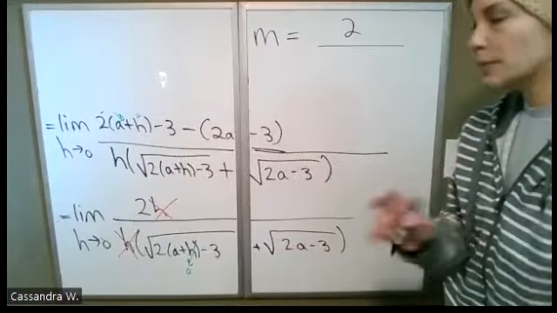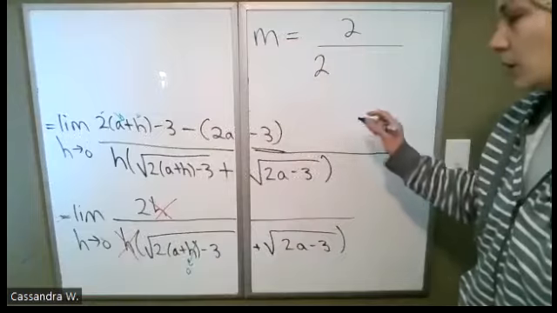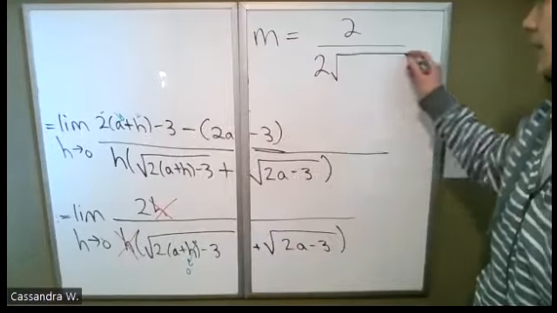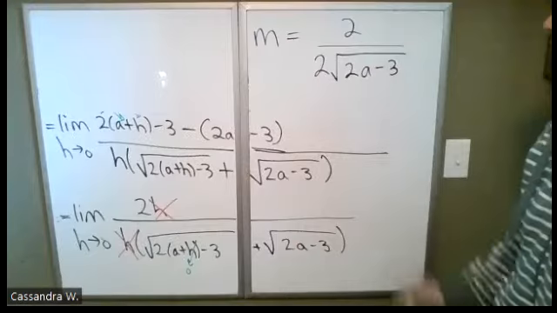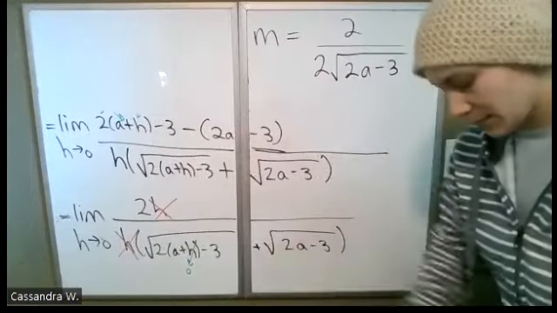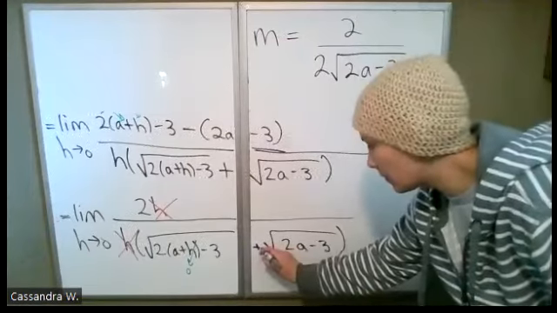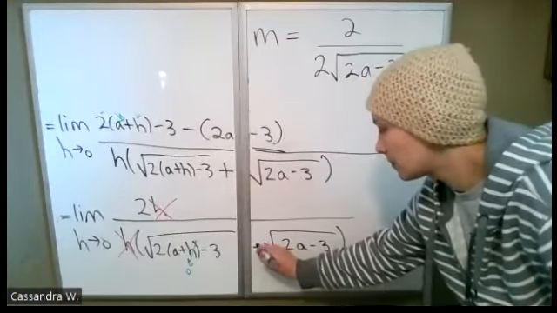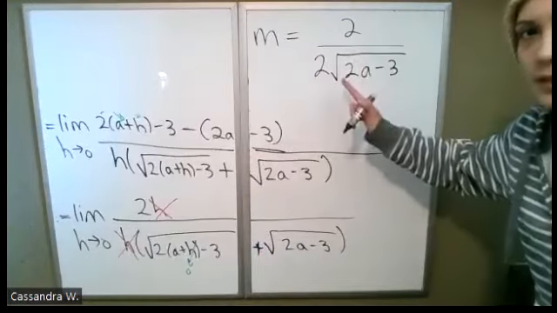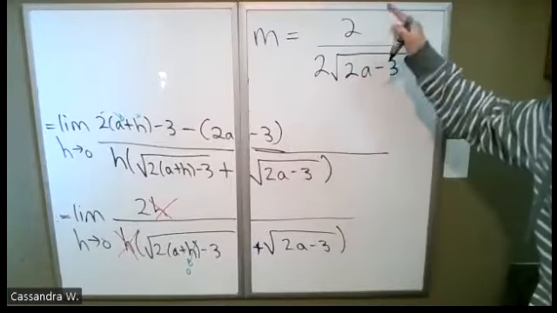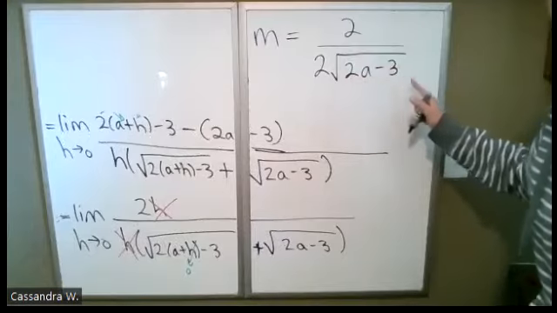So there's 2 of them, 2 of the root of 2a minus 3. Wait, that's a plus sign, right? The bottom one? Yeah, plus. Okay, and then those 2's are going to reduce. So the slope is 1 over the root of 2a minus 3.